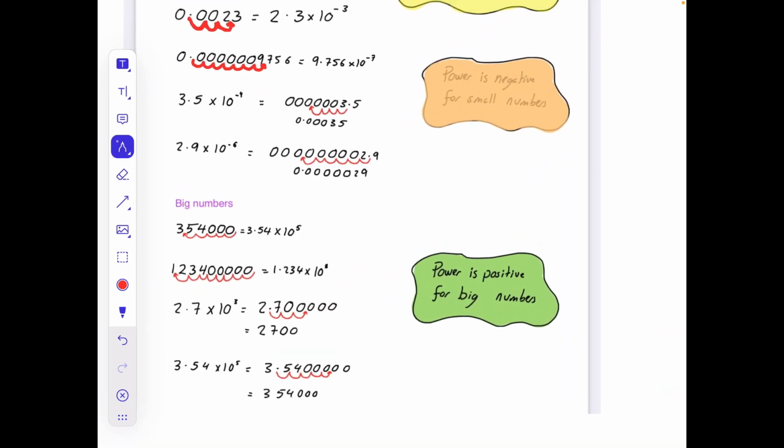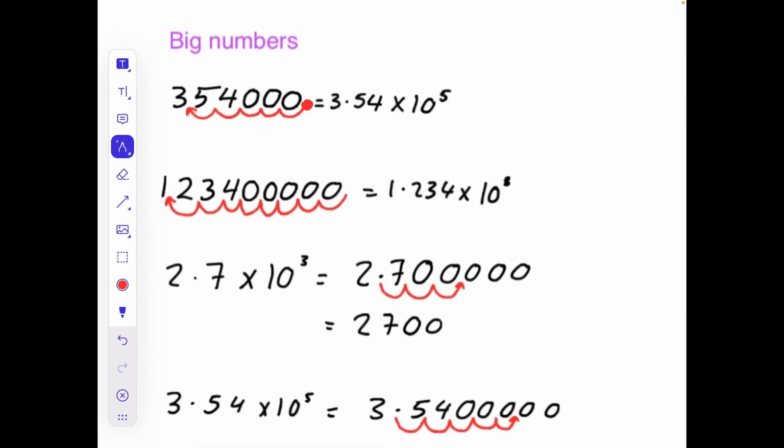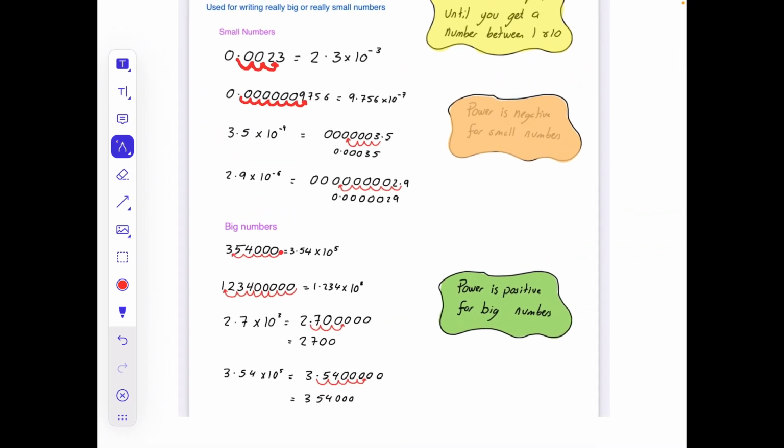Okay, then if you have really big numbers, it's actually the same thing. For really big numbers, if they don't have a decimal point, you put the decimal point at the end, and we just move it the other way until we get a number between 1 and 10. So 1, 2, 3, 4, 5 places. That'll give us the number 3.54. And then by 10 to the power of 5, when it's a really big number, it will be a positive power.